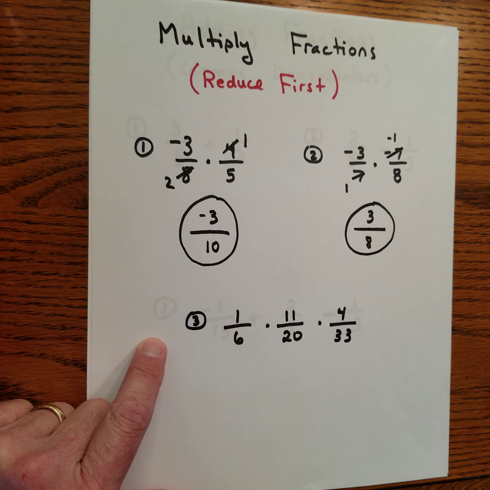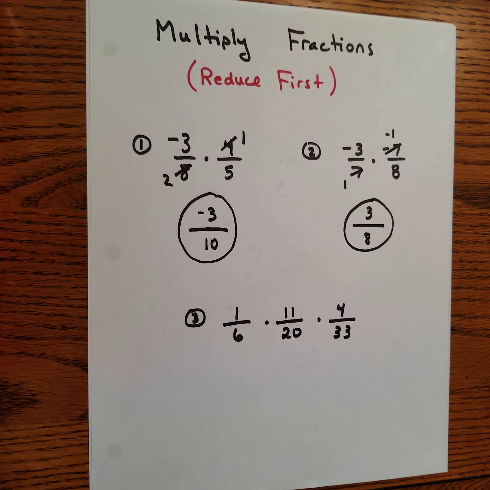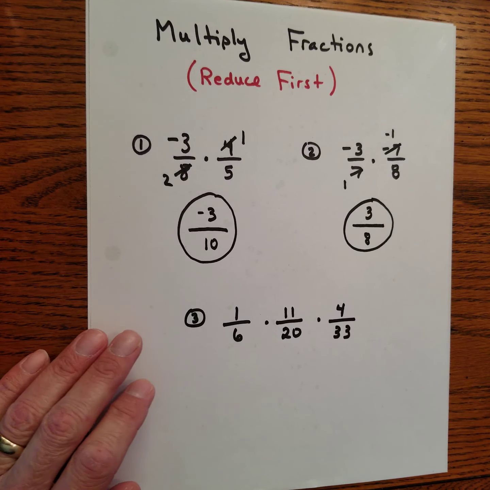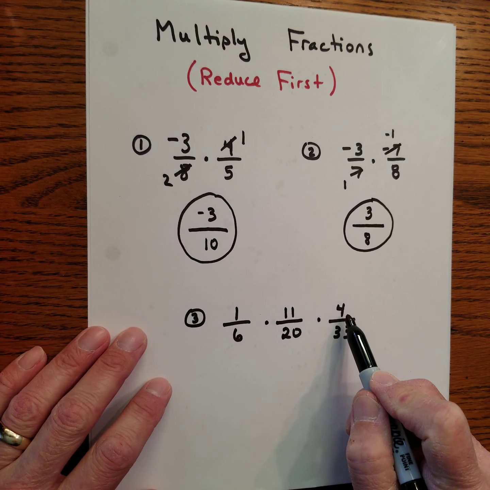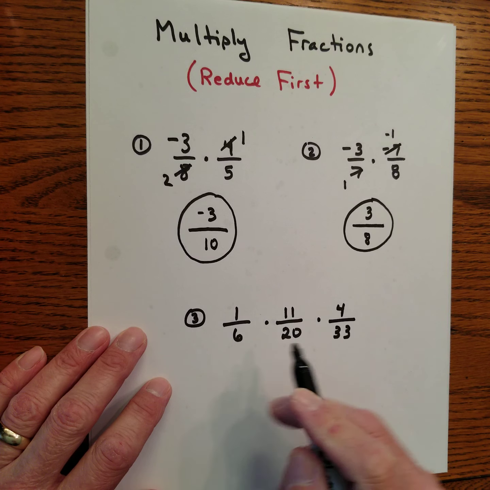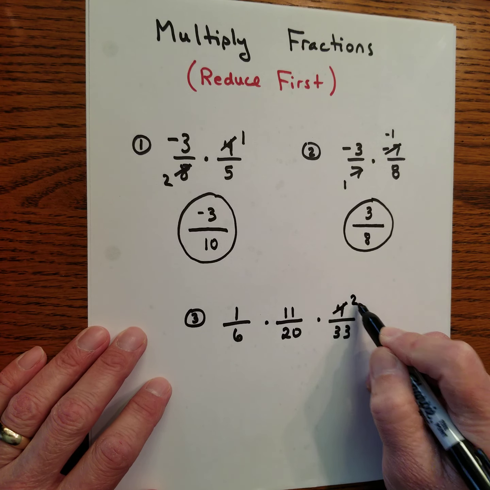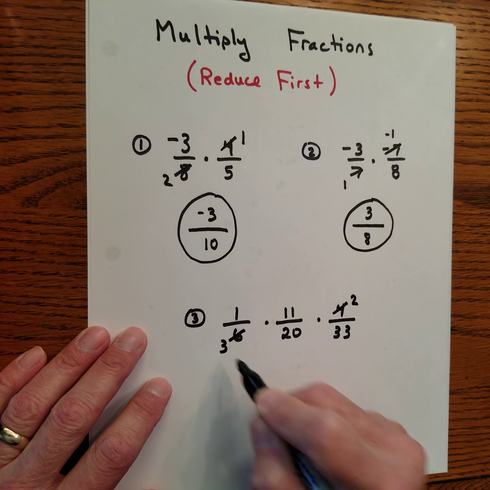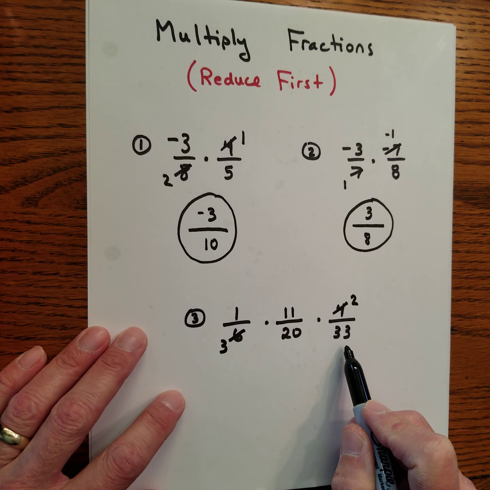In this third problem, we'll multiply three fractions together. Before we multiply, we can reduce any top with any bottom. Like I see a 4 and a 6. I'm going to divide by 2 and divide by 2. Here's an 11 and a 33.